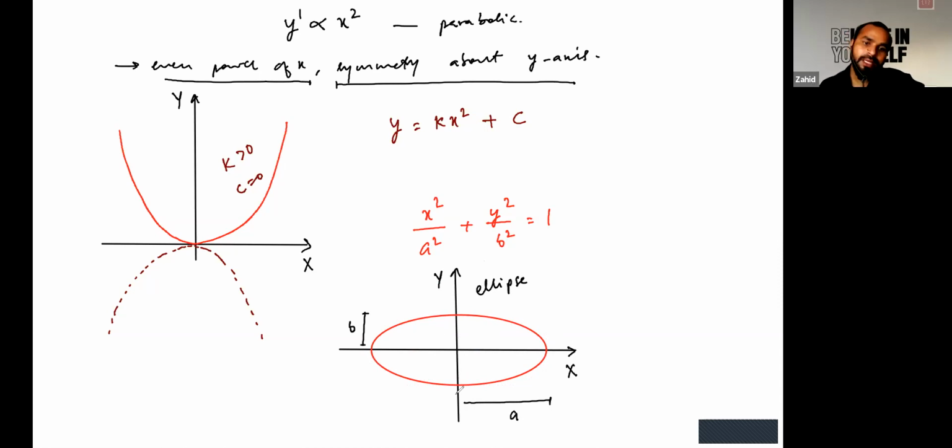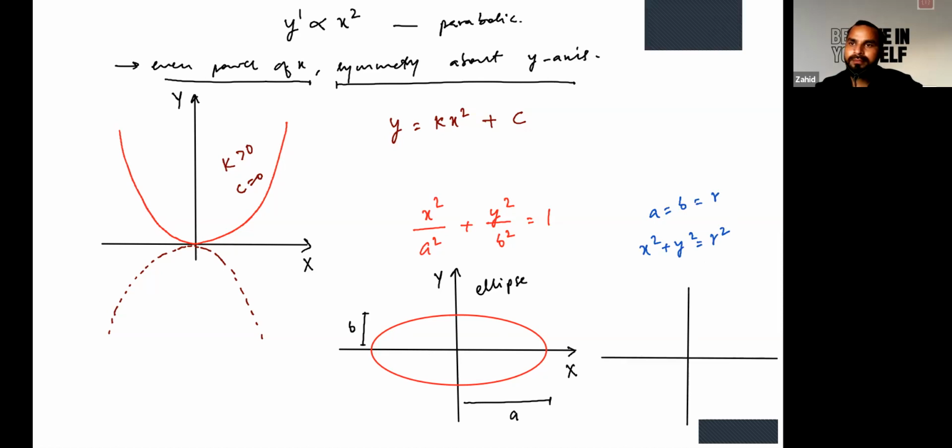Now, if the coefficients a and b are equal, if a is equal to b is equal to r, this equation will look like x squared plus y squared is equal to r squared. It means this particular curve will converge to this.